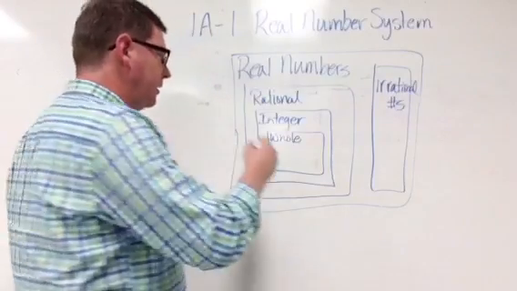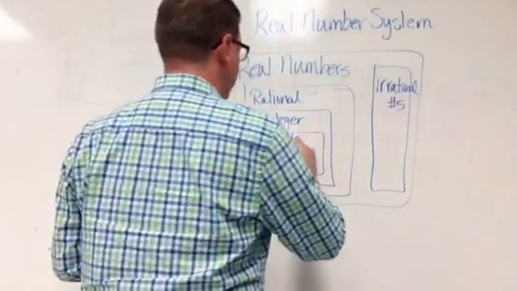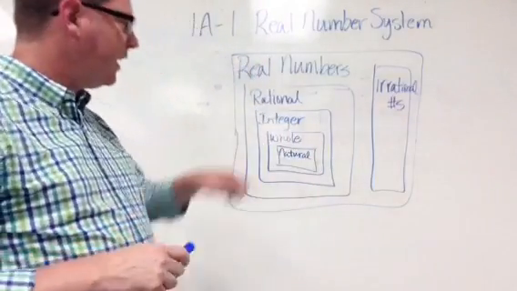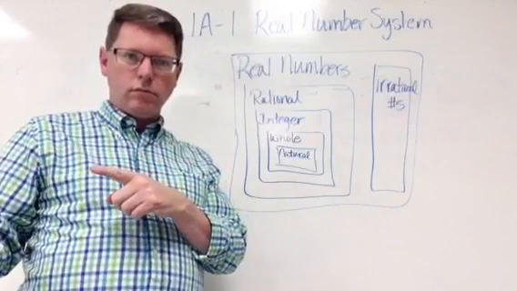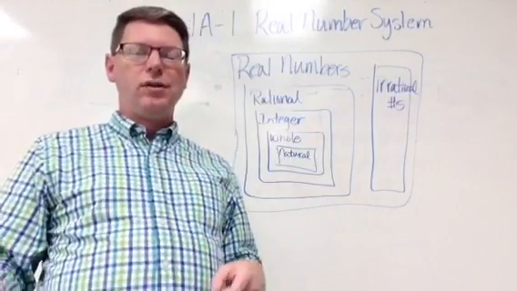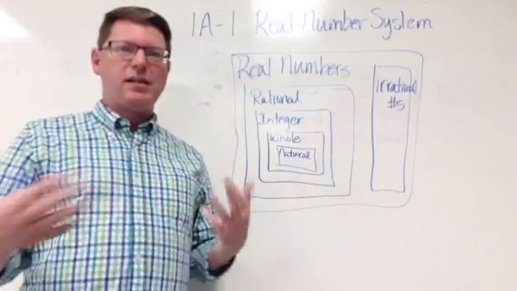And then finally, we have this small set of numbers that are called natural numbers. Natural numbers are also whole numbers. And they're also integers. And they're also rational numbers, which makes them real numbers.